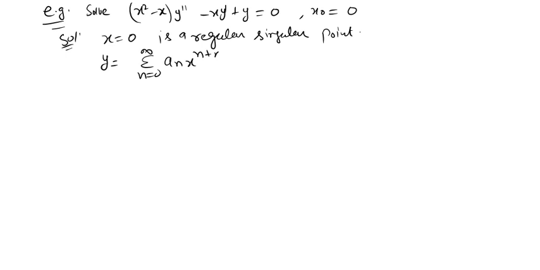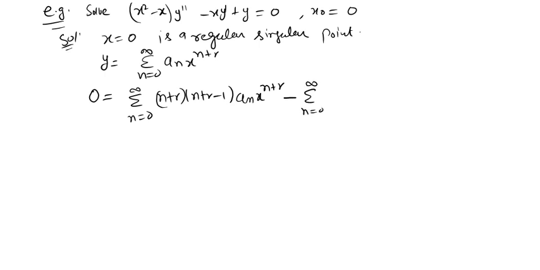So plug into the equation. The first term is x square y double prime, so this is sum from 0 to infinity of (n plus r)(n plus r minus 1) an x^(n plus r). Then x square minus x y dash.